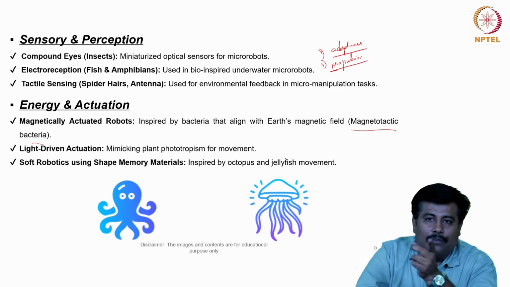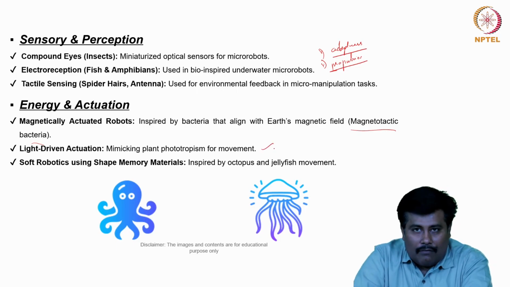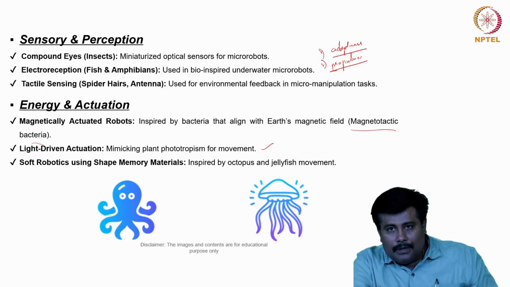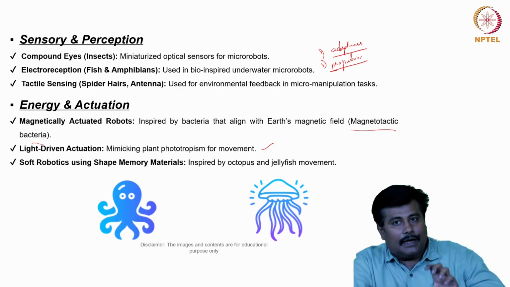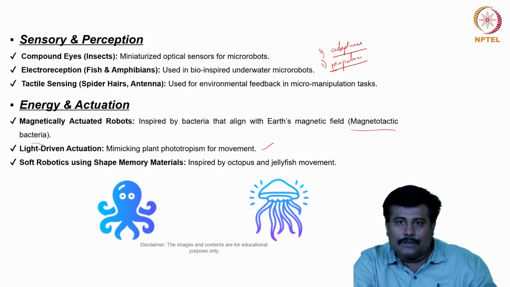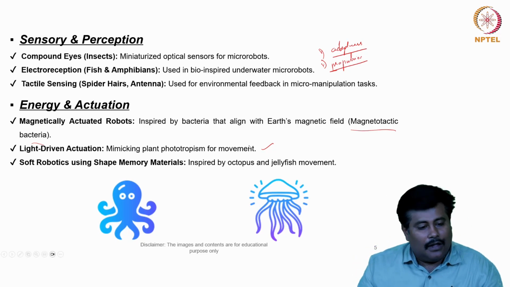This actuation can be easily controlled using light. Then we have a soft robotic structure using a shape memory alloy, a mechanism we have discussed, integrated for bio-inspired actuation, either an octopus or a jellyfish kind of structure deployed for movement.